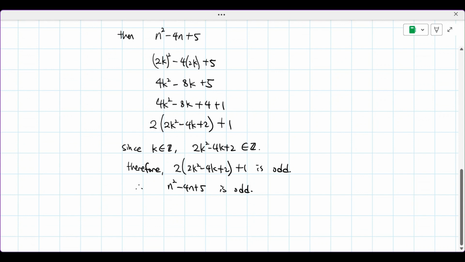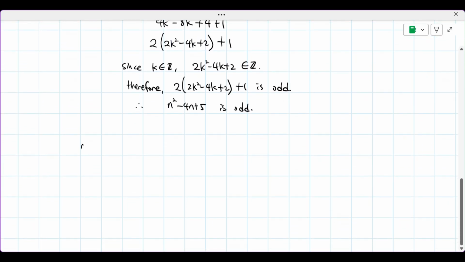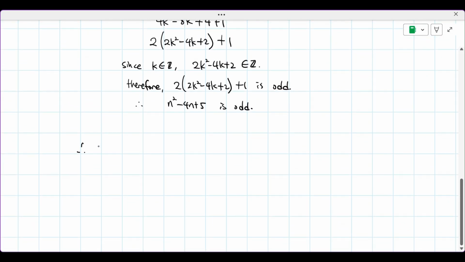Because we have proven that n squared minus 4n plus 5 is odd, it means that we have proven the contrapositive. So we can finally say, therefore, the original proposition is true, proven by contrapositive.